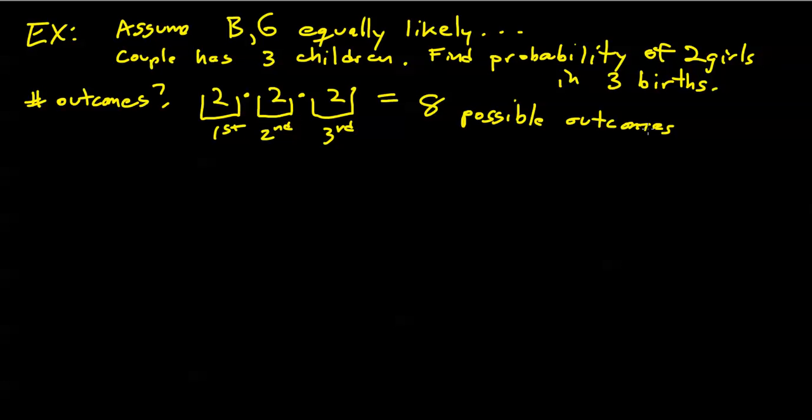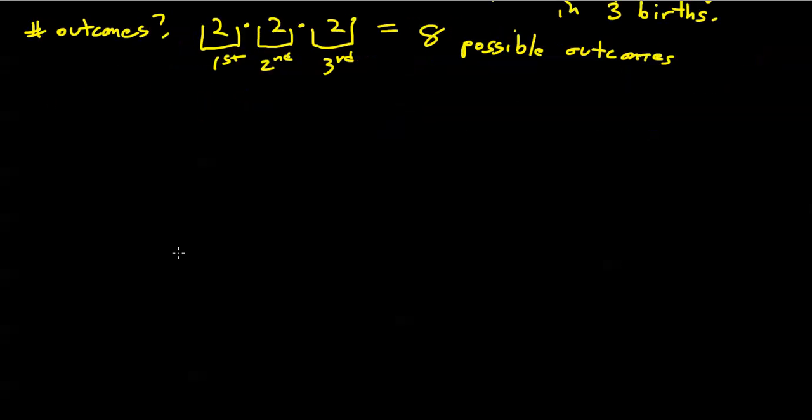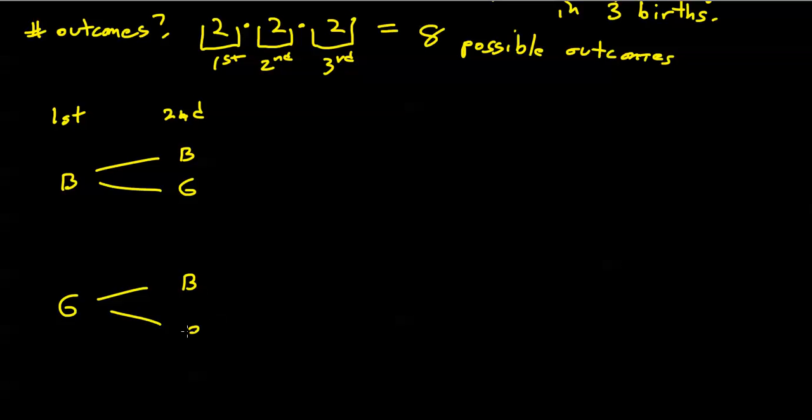All right, what I'm going to do is list the sample space here, and what I can do is make another tree diagram. Let's say I've got a first child, and the first child can be a boy or a girl. And each of those possibilities tails off to 2 other possibilities for the second child, and that can be a boy or a girl.